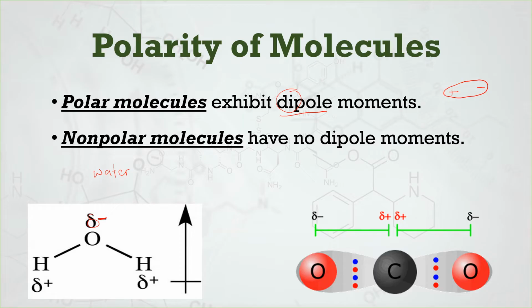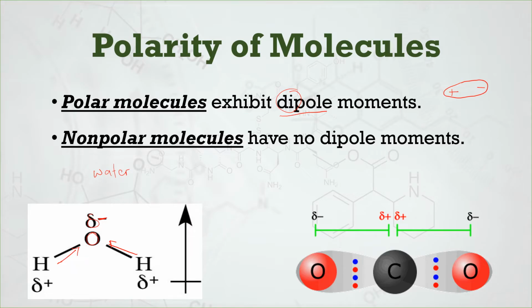So the two dipoles from each side, from the hydrogen, are directed towards the central atom, which is the oxygen. Okay. And it results in an upward net dipole moment, making the water molecule polar.